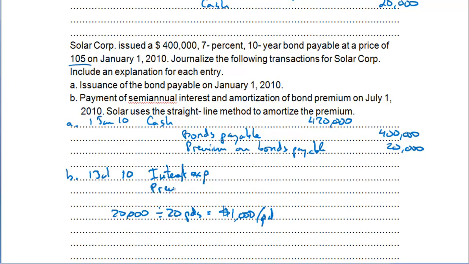Premium on bonds payable, $1,000, and a credit to cash, and cash is going to be for the interest, so that's going to be $400,000 at 7%, so that's 28,000 a year, divided by 2, 14,000. And so the interest expense, we're going to plug that, and that is $13,000. Okay, so that is the journal entries using the straight line method associated with amortization of bond premium and discount.